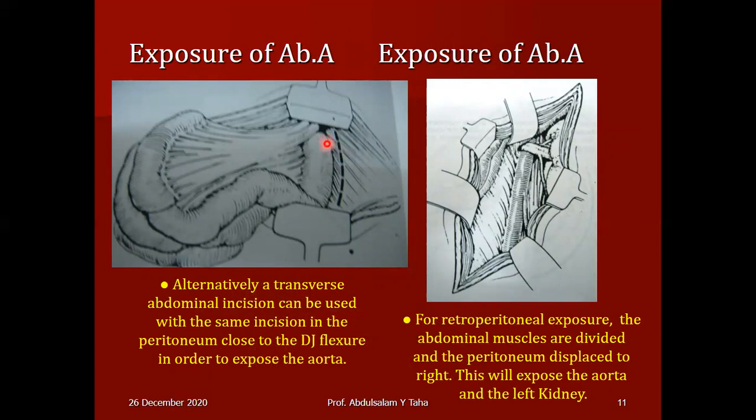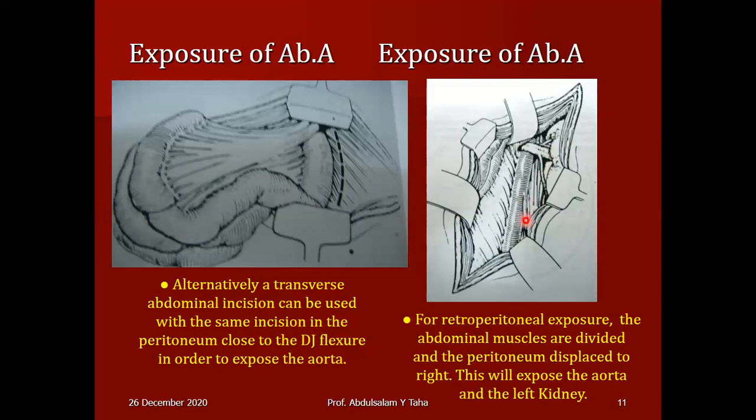flexure. Now, apart from the transperitoneal exposure of the abdominal aorta, we also have a different approach called the retroperitoneal exposure of the aorta. In that case, the patient is placed in a lateral or semilateral position, just like for surgery on the kidney or for lumbar sympathectomy, and an incision is made in the flank or in the loin.